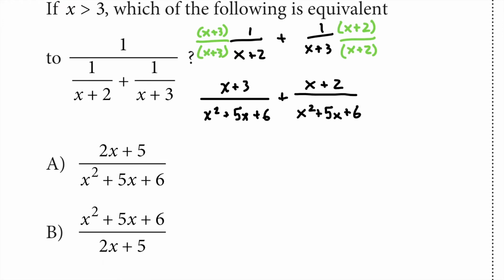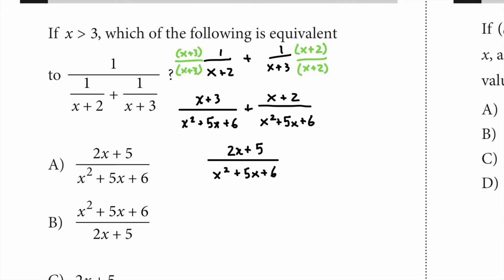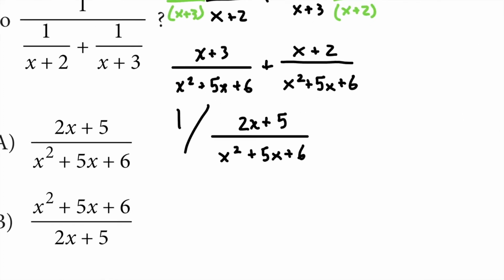So now we'll combine them. We'll get 2x plus 5 over x squared plus 5x plus 6. But if we go back here, we realize that what we have written is just the denominator of the question. So really, it's 1 divided by this whole thing.